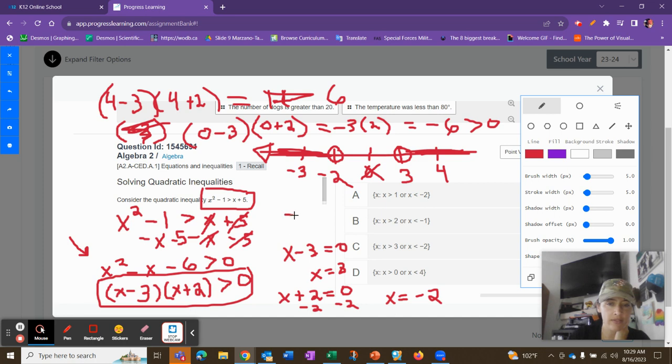So finally, we'll have negative 3 minus 3, negative 3 plus 2. This becomes negative 6. This becomes negative 1. So this whole thing becomes positive 6, which is indeed greater than 0, letting us know we need values less than negative 2.